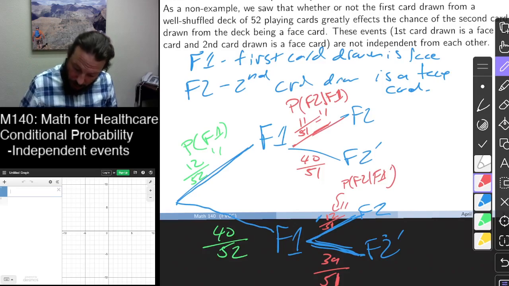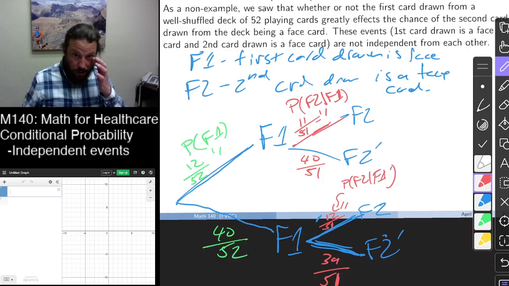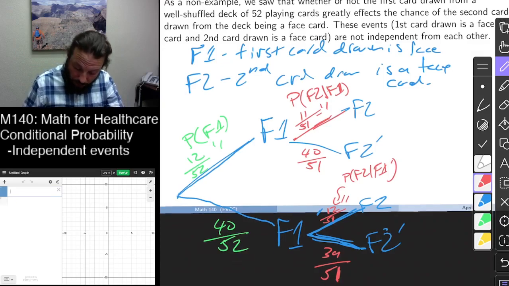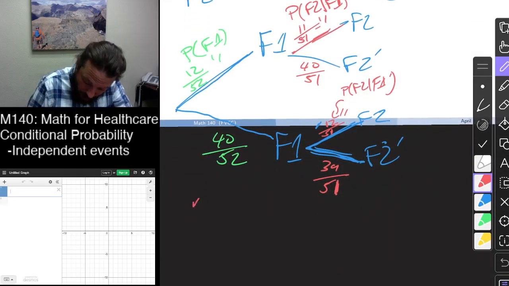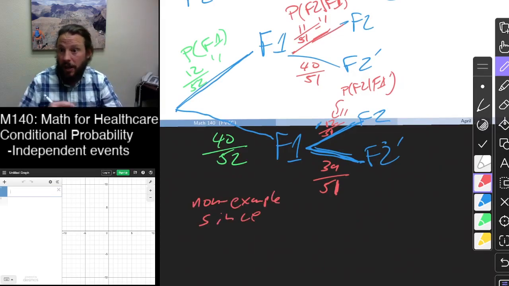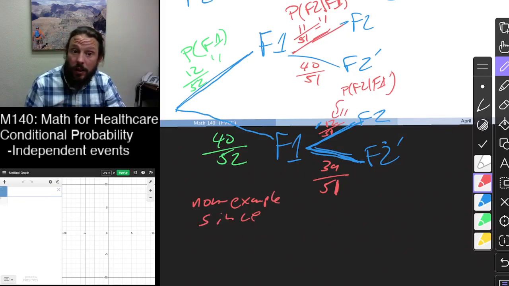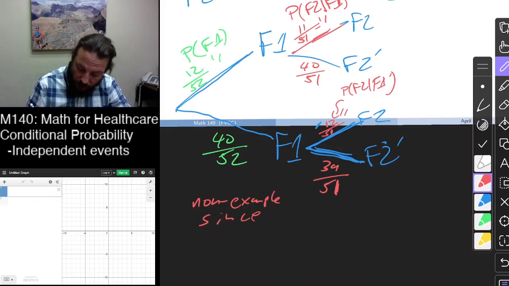And notice why is this a non-example? Because here the first card does affect the second. How do we know that getting a face card or not affects the second card?